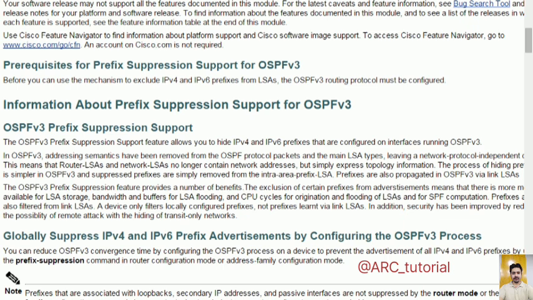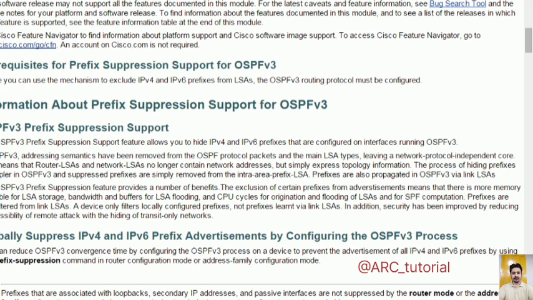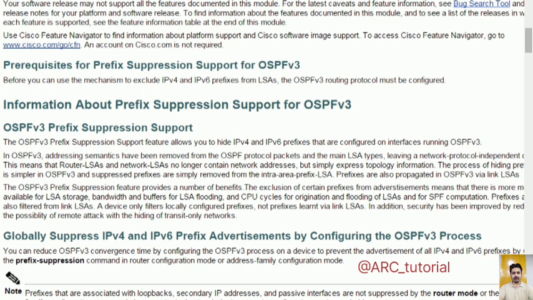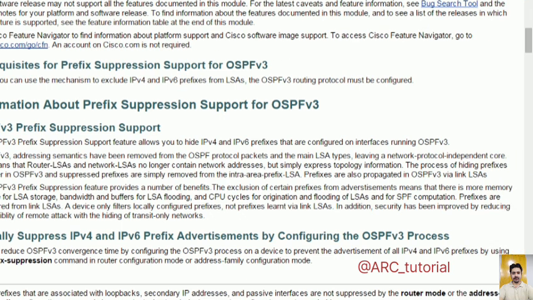The process of hiding prefixes is simpler in OSPF version 3, and suppressed prefixes are simply removed from the intra-area prefix LSA. Prefixes are also propagated in OSPF version 3 via link LSAs.